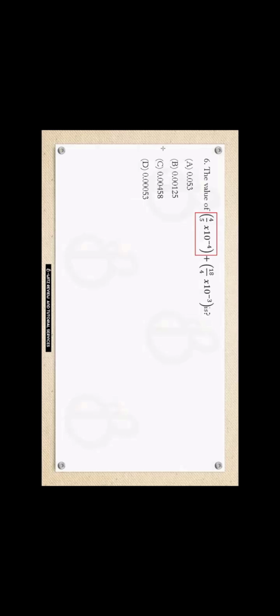Now 4 over 5 can be simplified as 0.8 as a decimal, times 10 raised to negative 4, and it will be equal to 0.8.